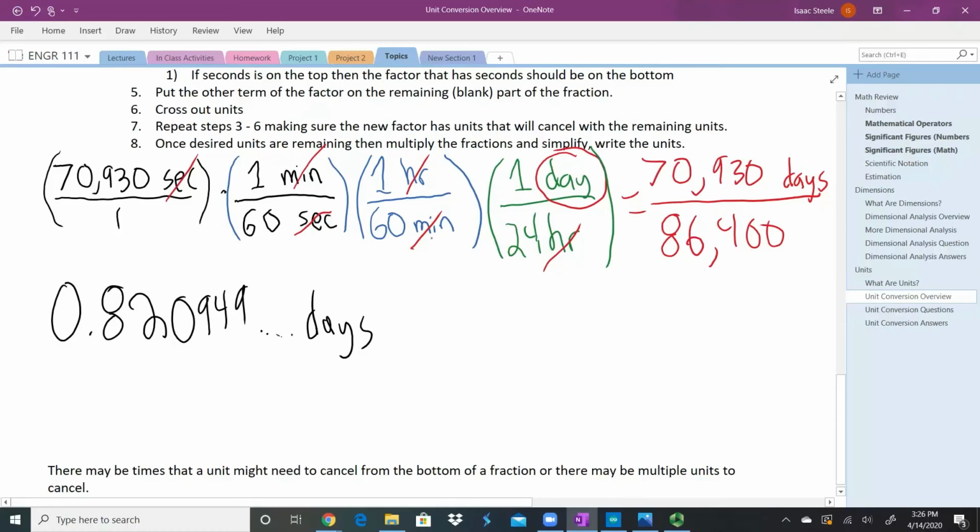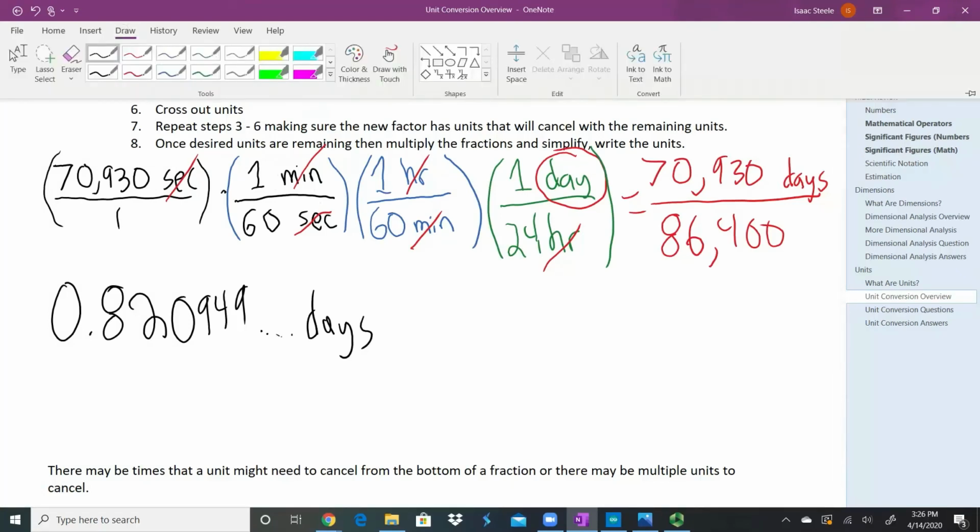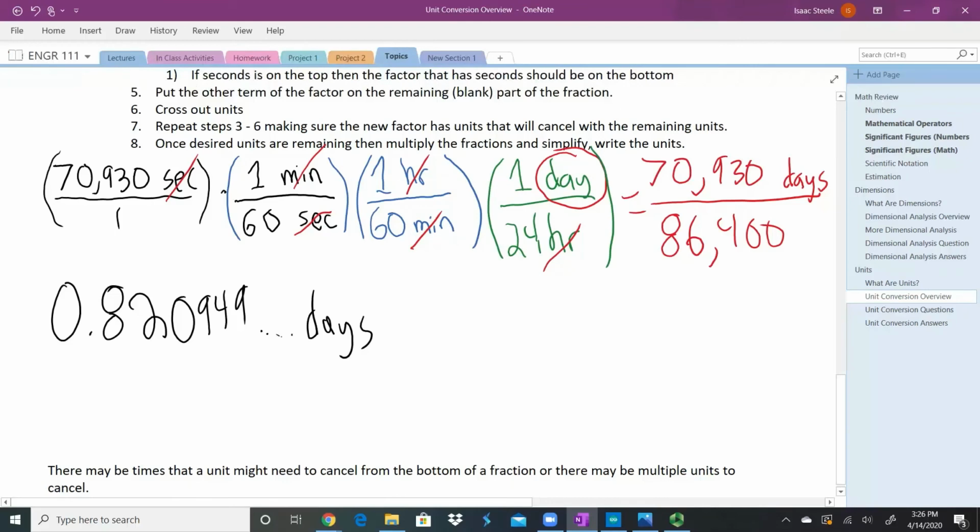And remember that all these conversion factors that we used were considered perfect. And so those, in essence, have an infinite number of significant figures. They're perfect. They're a definition. I don't have to worry about them if it's a perfect definition.